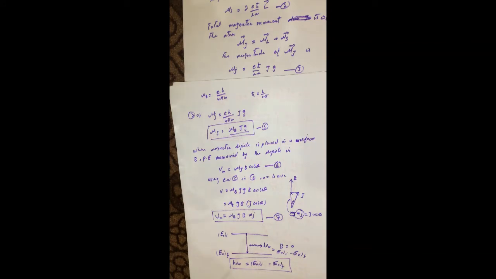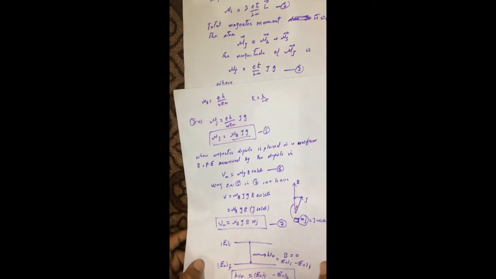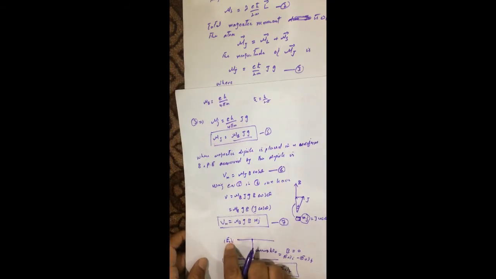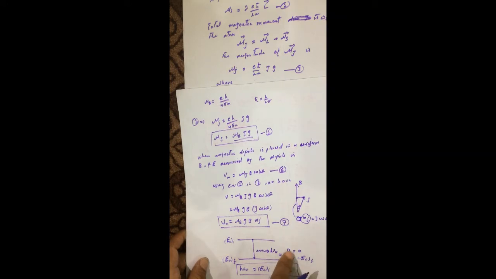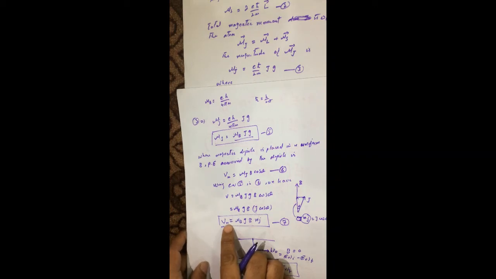Now, in the presence of a magnetic field, what will happen? We have the atom's energy E naught in the absence of a magnetic field. Once we apply a magnetic field, we have an extra term, potential energy also stored in the atom.